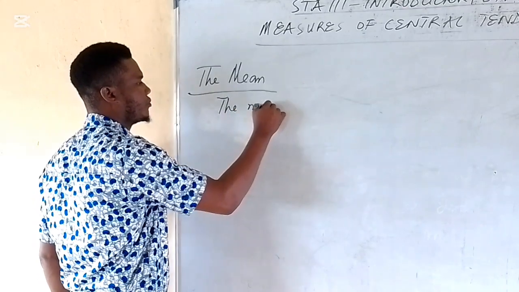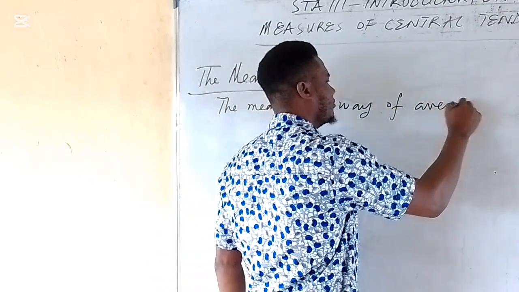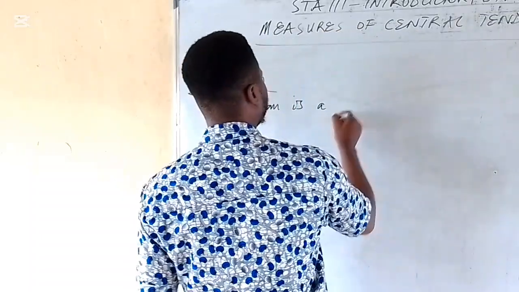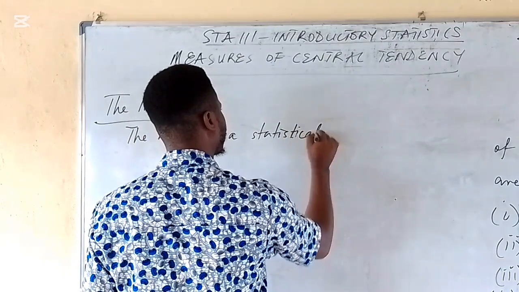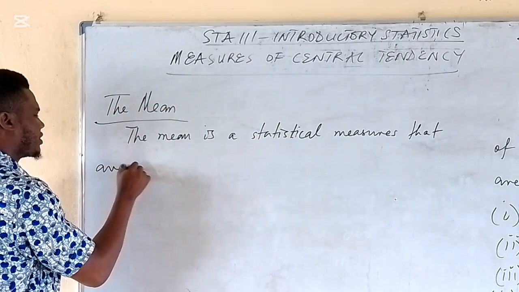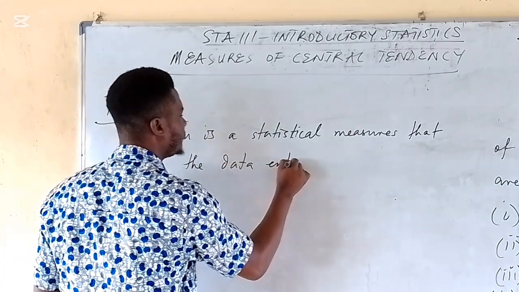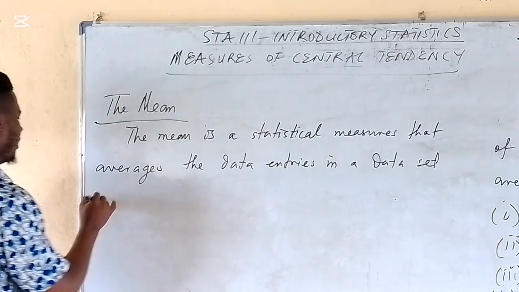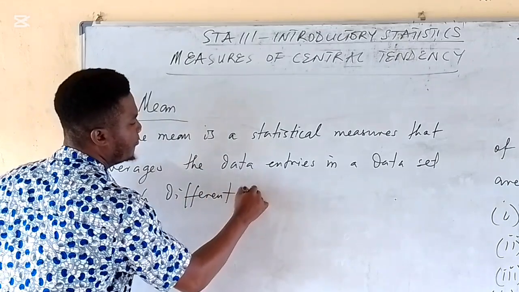The mean is a statistical measure that averages the data entries in a data set through different methods.